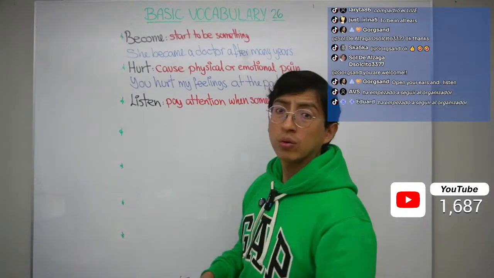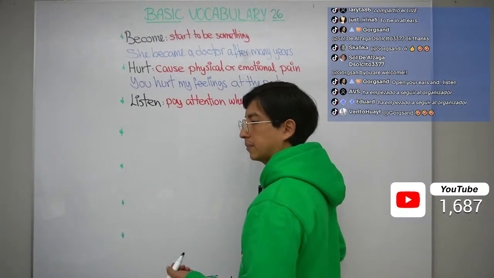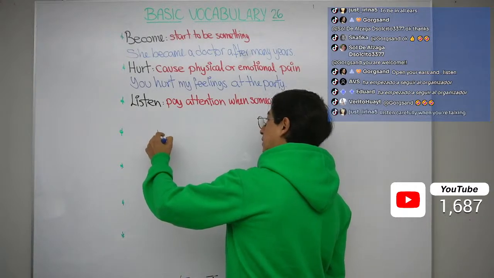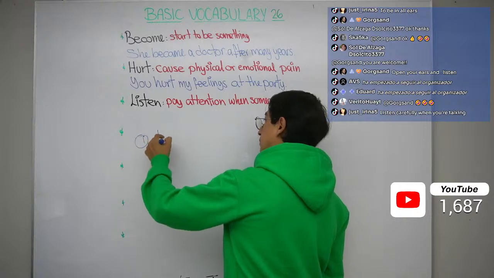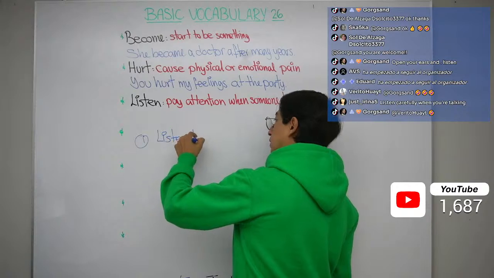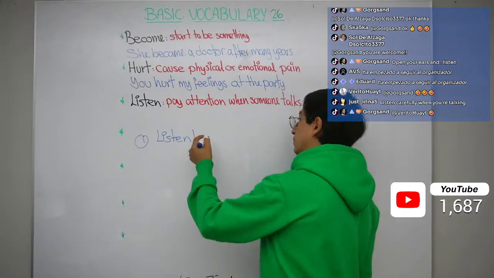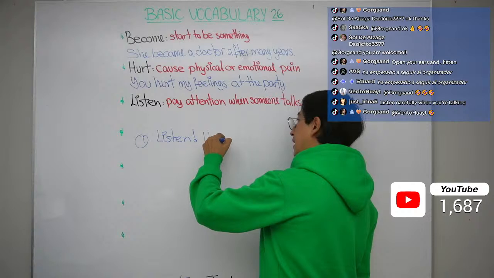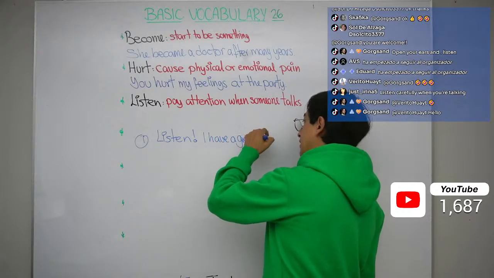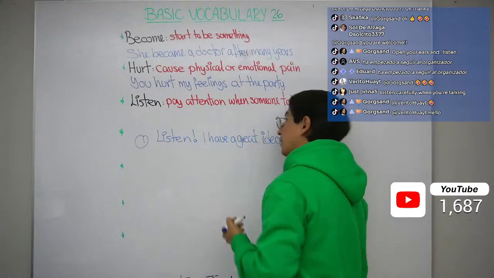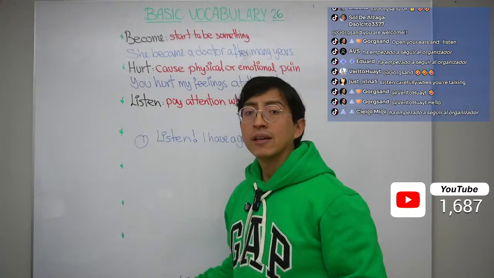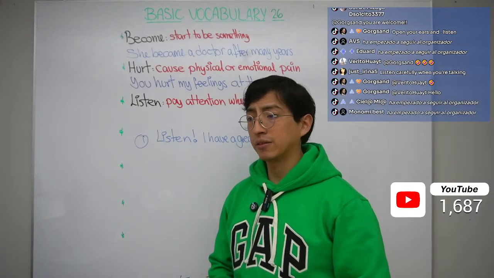This is a very curious word, guys, because we can say this, for example. Number one, you can say, "Hey, listen, I have a great idea." So when you're talking with someone, you can say this.